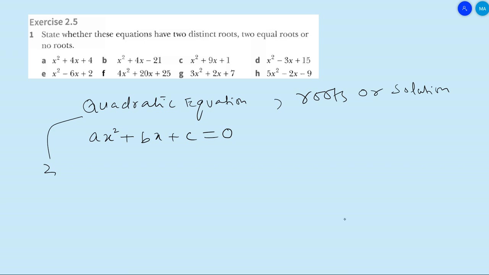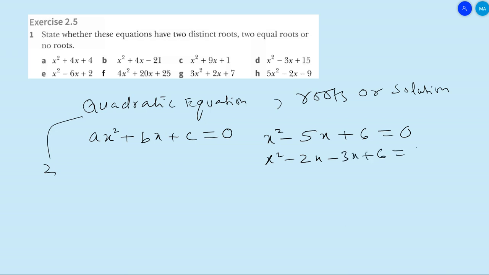For example, if I take a random quadratic equation like this, x² minus 5x plus 6 equals 0: 6 ones are 6, 6 minus 1 is 5; 2 threes are 6, and 2 and 3 make 5.